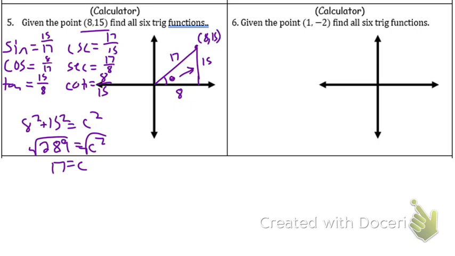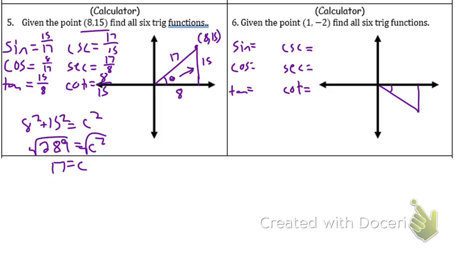Given the point 1, negative 2, find all 6 trig functions. Same type of problem again. We have sine, cosine, tan, cosecant, secant, cotan. The point 1, negative 2, if I go over 1 and down 2, that's going to be in quadrant 4.